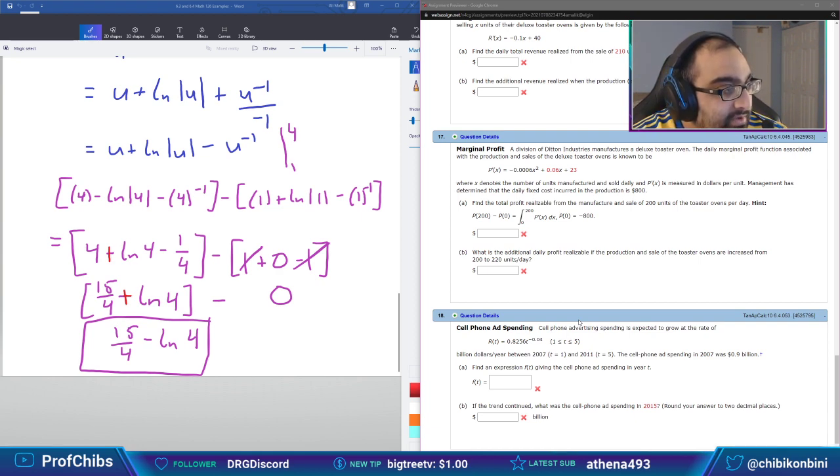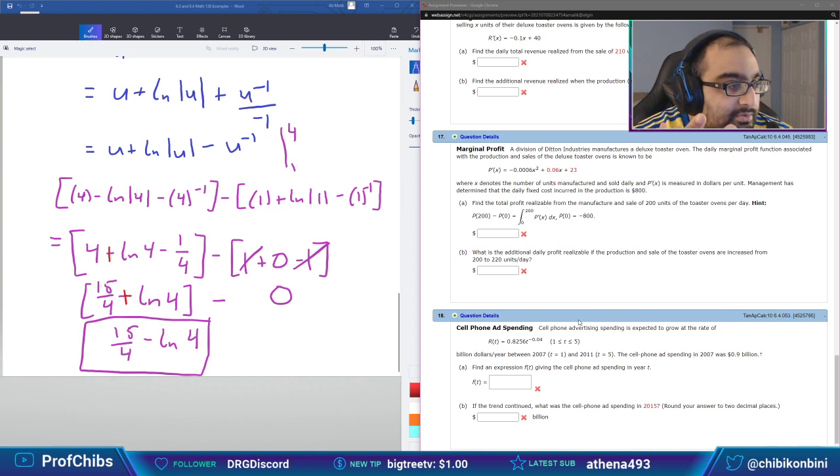All right, so 17 says a division of Ditton Industries manufactures a deluxe toaster oven. The daily marginal profit function associated with the production and sales of the deluxe toaster ovens is known to be that thing, where X denotes the number of units manufactured and sold daily, and P prime of X is measured in dollars per unit.